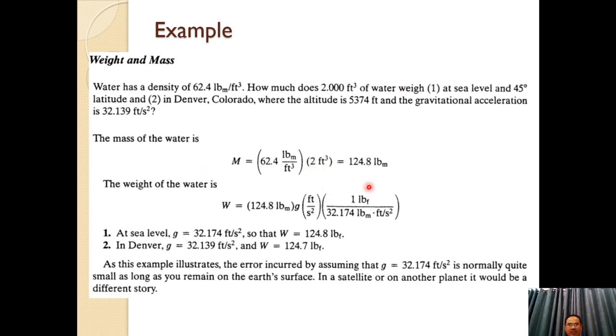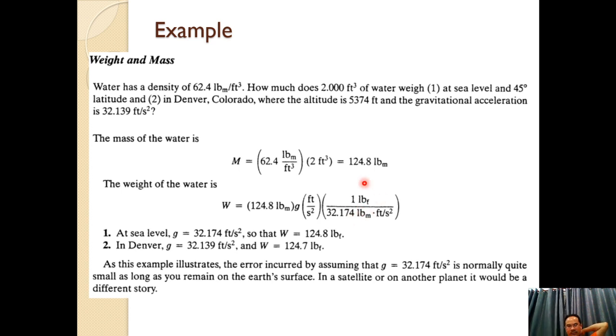The mass of water is 124.8 pound mass. Then you calculate the weight of water, which equals mass multiplied by gravitational acceleration. For this you have to use the conversion factor from pound mass to pound force, like this.